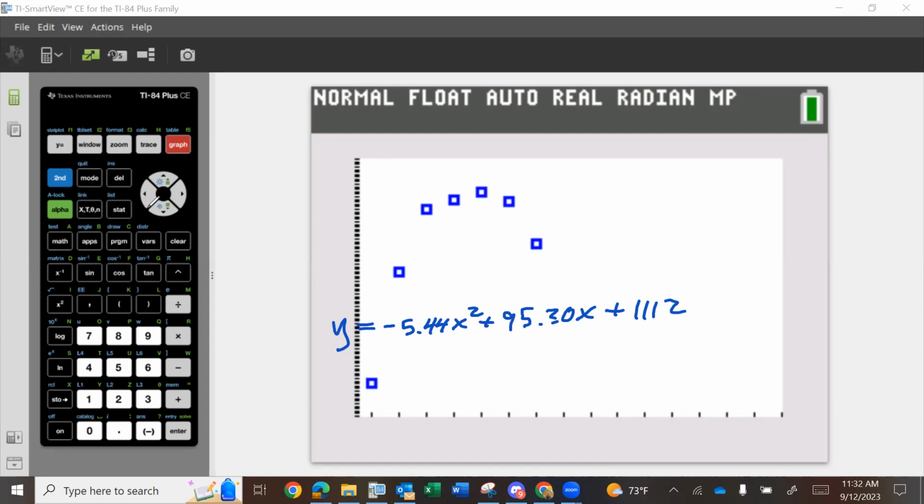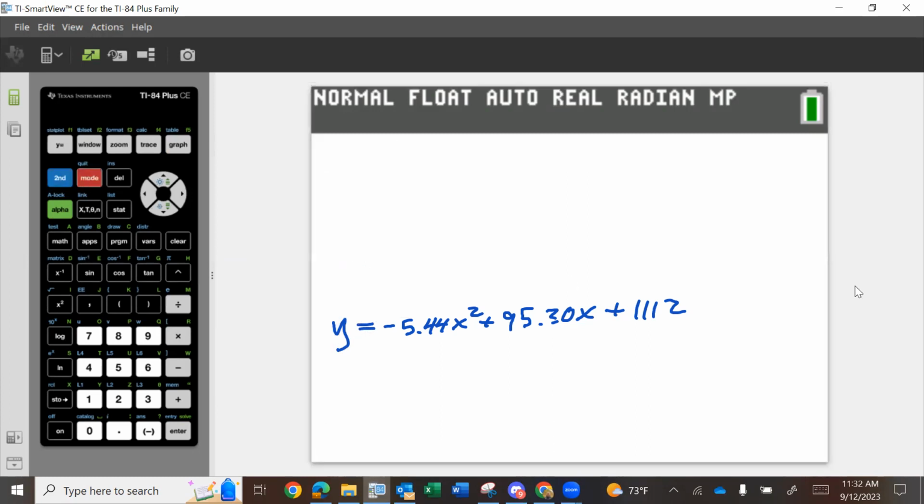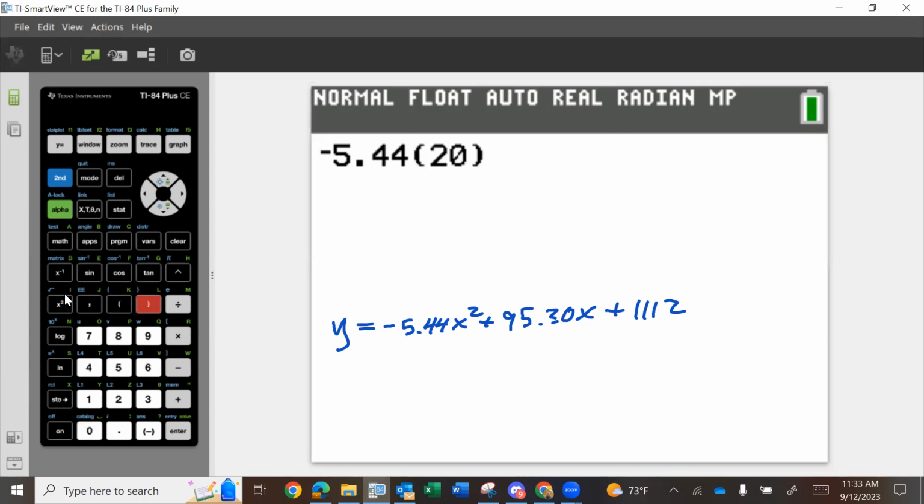Okay, we'll go second quit to the main screen. All right, so let's see what we got here. So we'll take our formula, and they gave us year number 20. That's a year, that's an x value. So we're going to plug it in for x. Okay, so year number 20, and there's that.